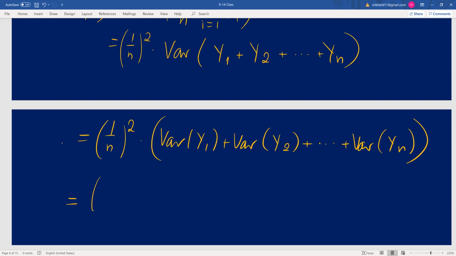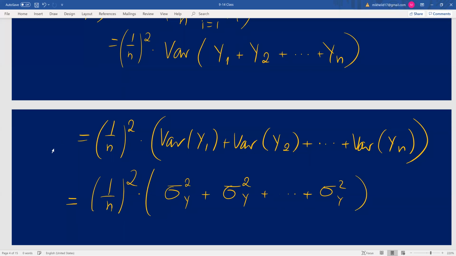So we have 1 over n squared times, what is the variance of y1? Sigma squared of y. What is the variance of y2? Sigma squared of y, plus so on, plus, what is the variance of yn? Sigma squared of y. Why?